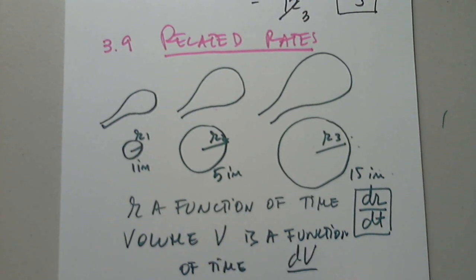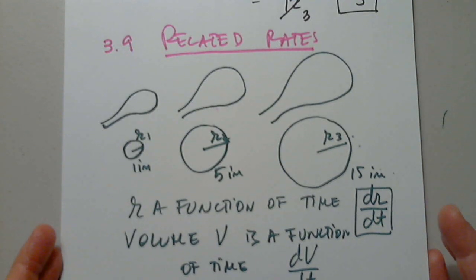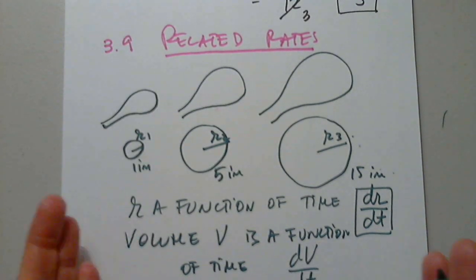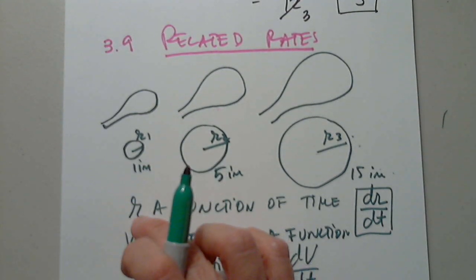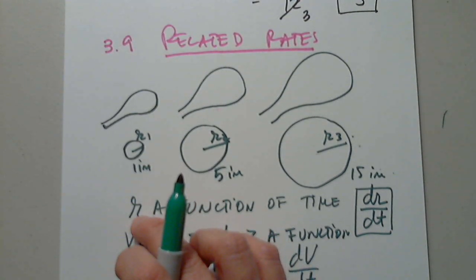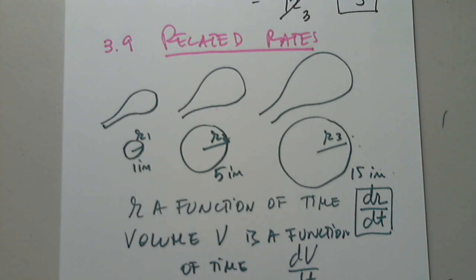It will be dV over dt. And the surface area and the circumference and so on, and I can continue with others. So what is all this? Well, the rate of change of radius and the rate of change of the volume are related.